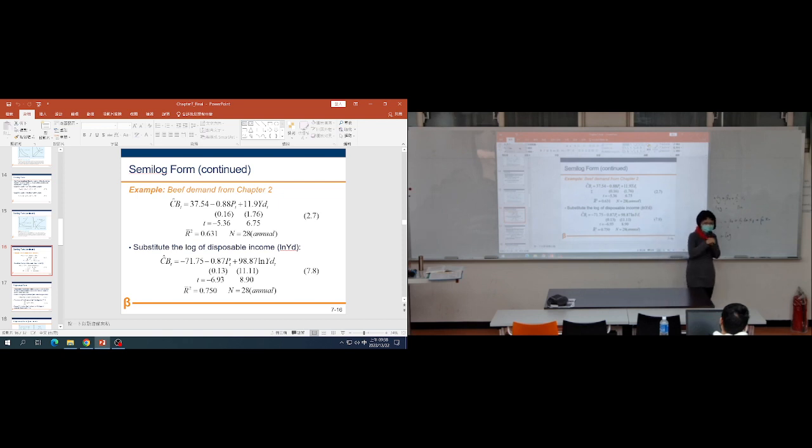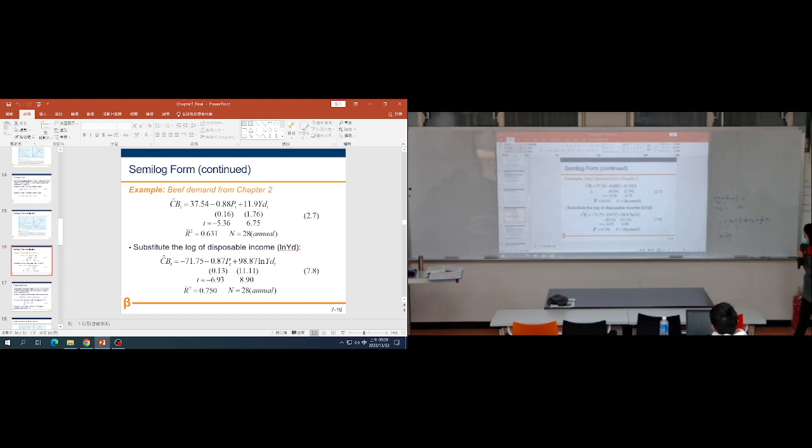Do you remember we learned in chapter 6 that if you have information like this, is there any criterion we can use to compare which one is better? This is just the output, right? You can see from this output. So compare equation 2.7 and 7.8. Which model is better?